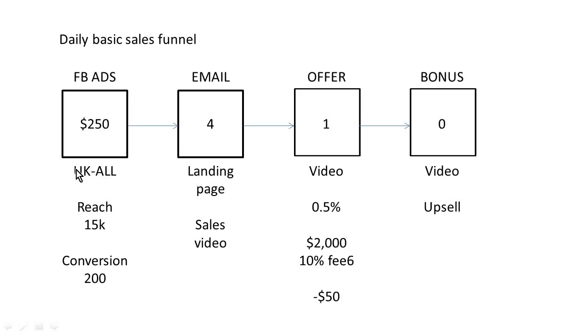And here you can recognize where I said UK all, in terms of all of the demographics. I keep it as wide as possible. Now the reach was, in fact, I believe 40,000. Now, conversion, or like I said, the amount of clicks you'll get is 200.